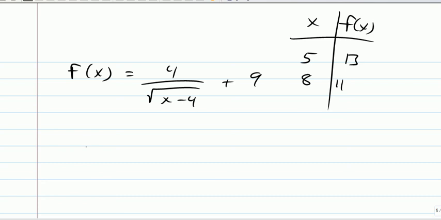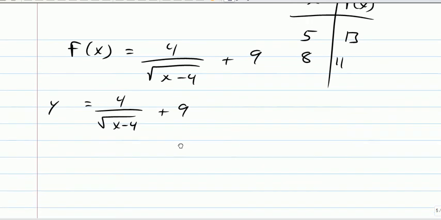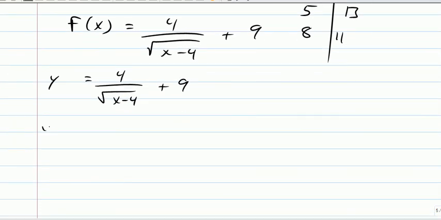So now we go with the algebra. Start with y equals 4 over square root x minus 4 plus 9. I want to isolate x. I'm going to subtract 9 from both sides. Goal: isolate x.